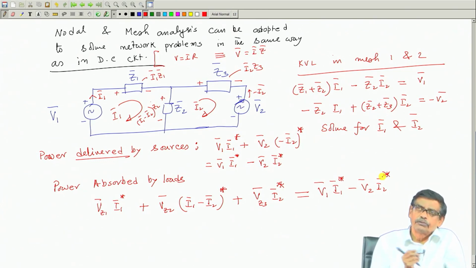If it absorbs power, it means there is some inductance present. If a load is delivering reactive power, it will become minus, because of the way I have calculated absorbed power. So, if it becomes minus it means it is pumping reactive power to this system.